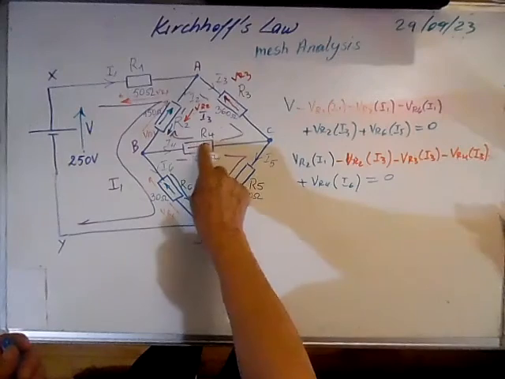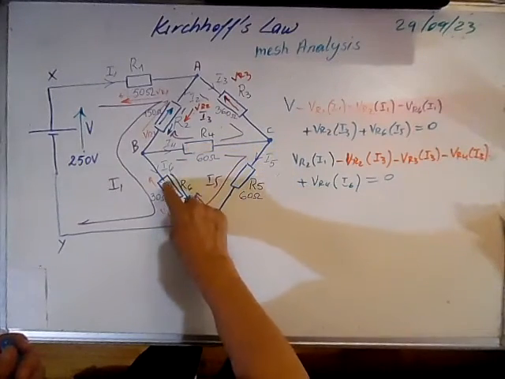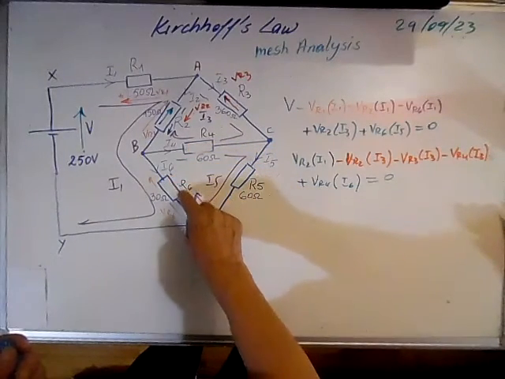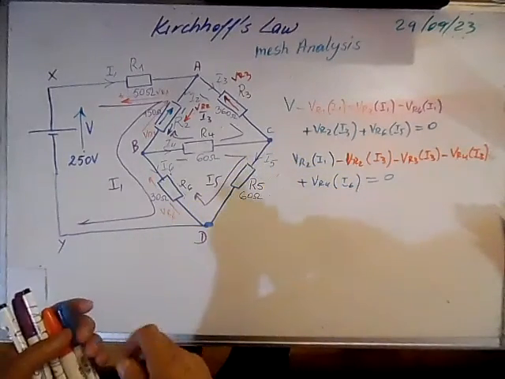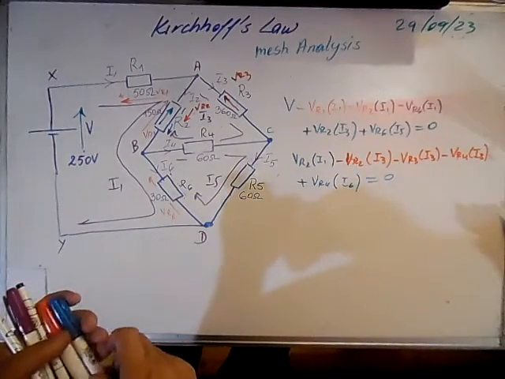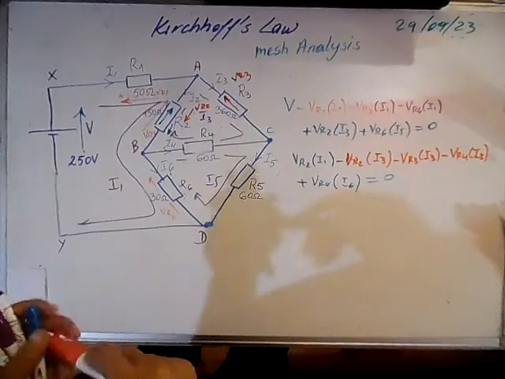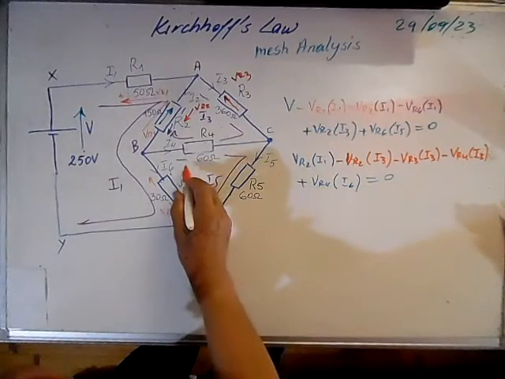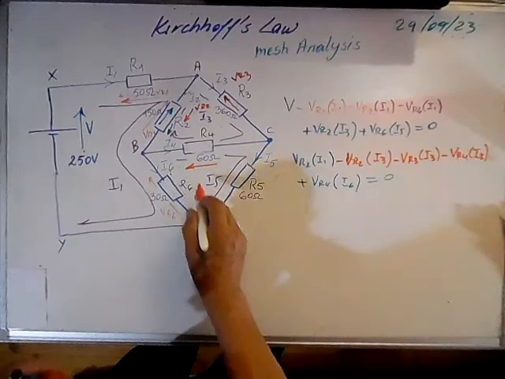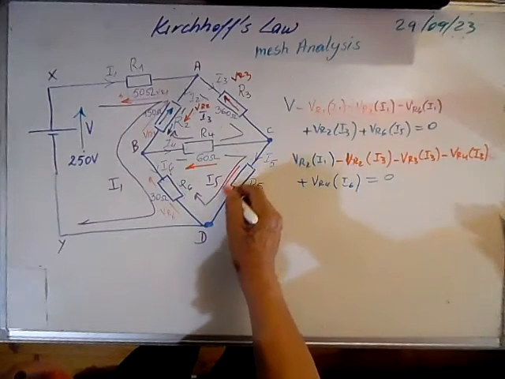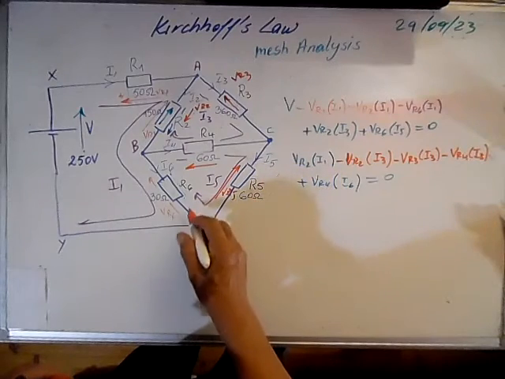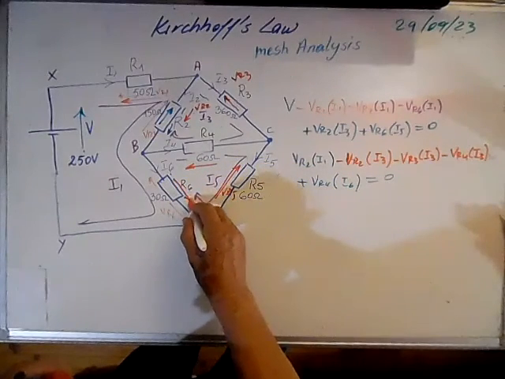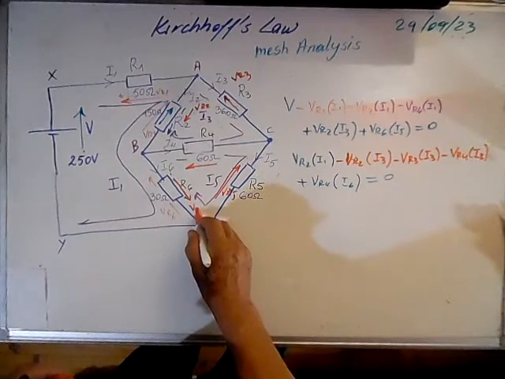So let's take all this so that we will write again the drops here in red. So because the current is flowing this way, VR4 is this way, VR5 is this way due to I5, and VR6 is this way.